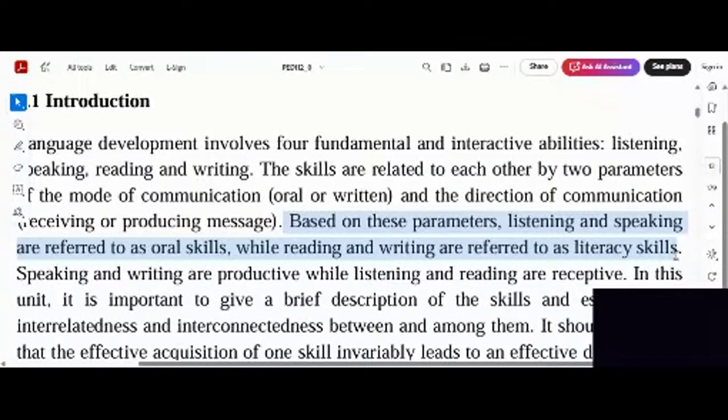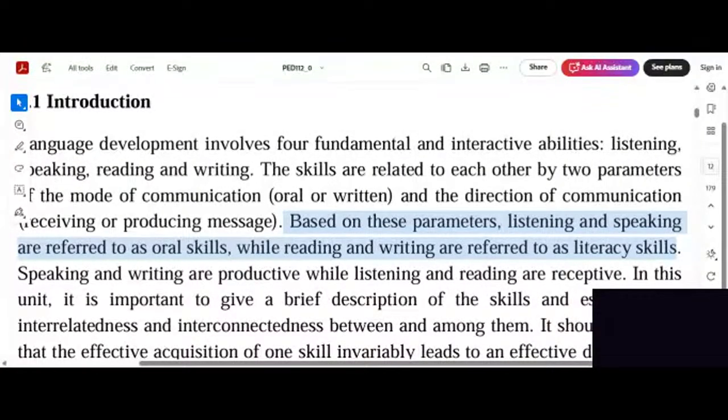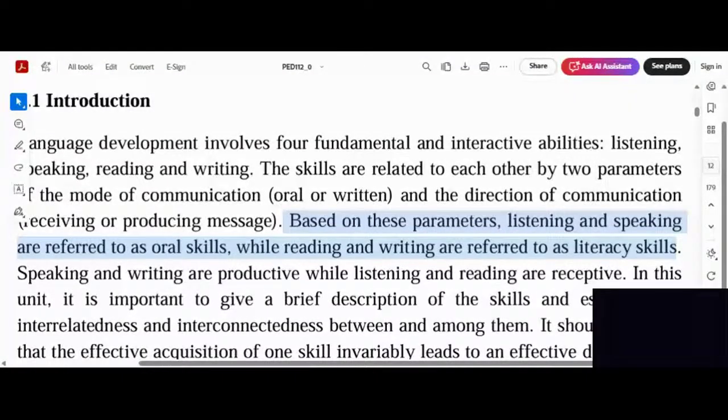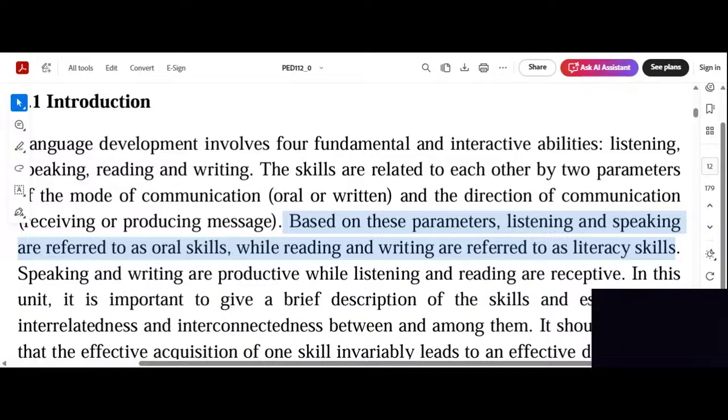These parameters that we mentioned, we achieve in two forms: either oral or written, and receiving or producing. So we can group listening and speaking together and call them oral skills. While reading and writing, we can refer to them as literacy skills.